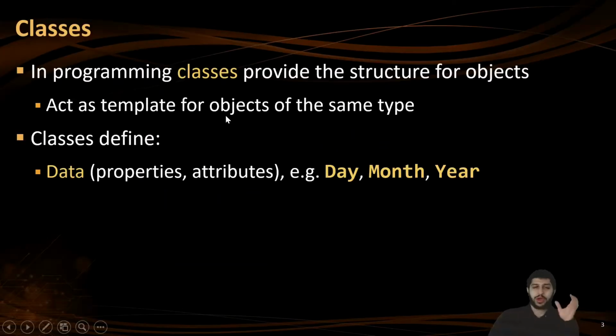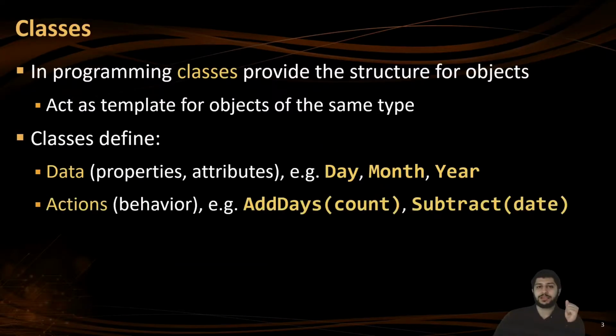And we can do even more things using classes. We can define particular actions that each object derived from the class needs to support. And we have already seen such classes that define both actions and data set or data template. Such an object is the datetime object.